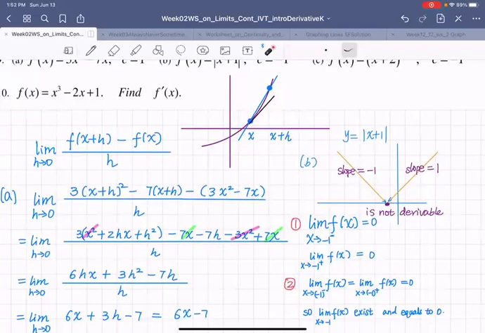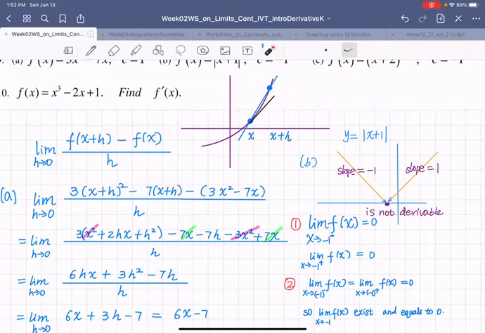As long as I can make my h approach 0, then when I connect these 2 points, this 2-point slope can represent the tangent line slope. And this tangent line slope is the derivative. Newton introduced this symbol. They put a prime over here, and they call this guy the derivative.